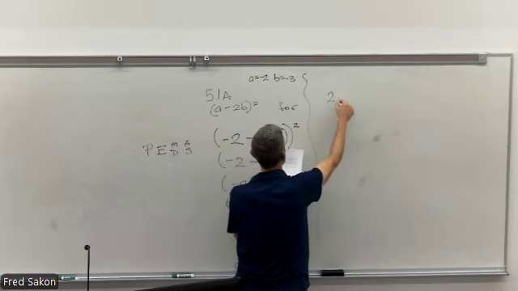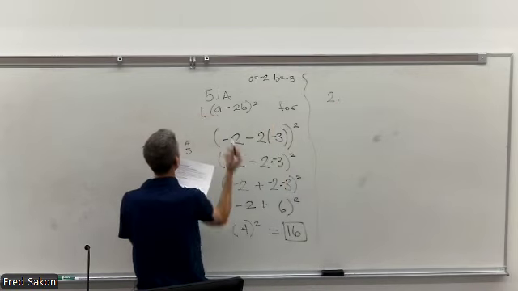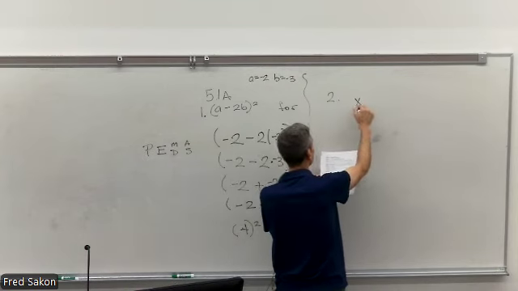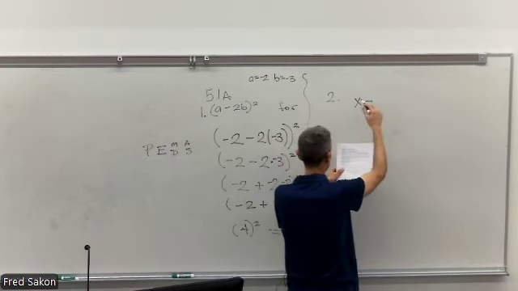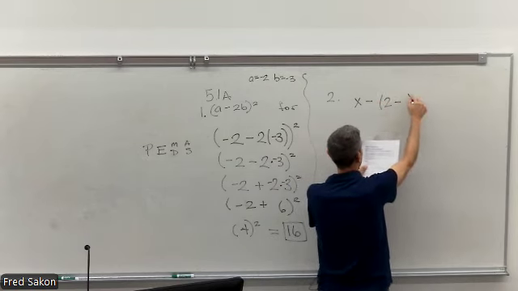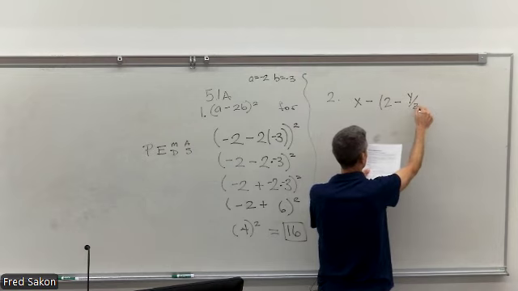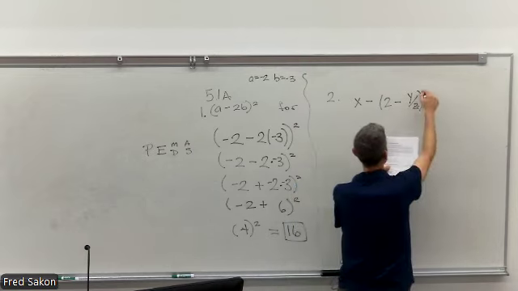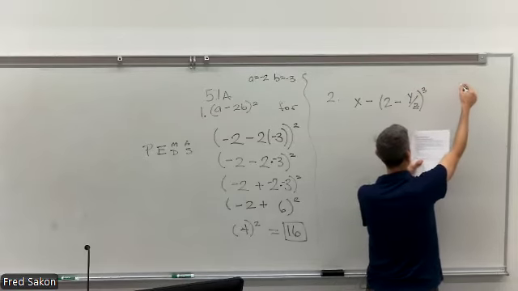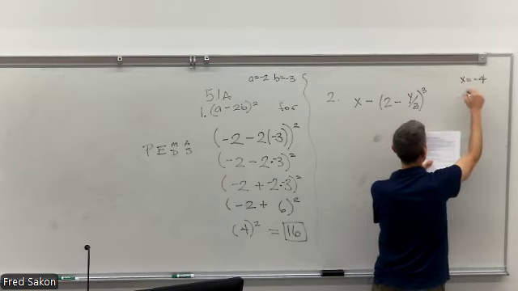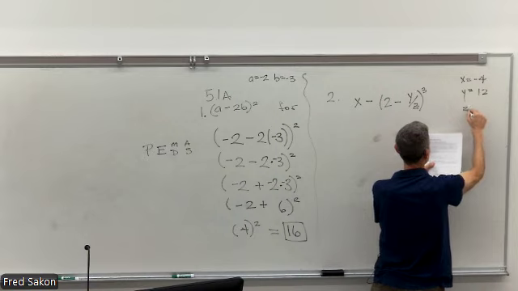Number 2 in our example 4, 518 says x minus the group 2 minus y over z, cubed. And I'm going to write down our numbers that give us x is -4, y is 12, z is -3.